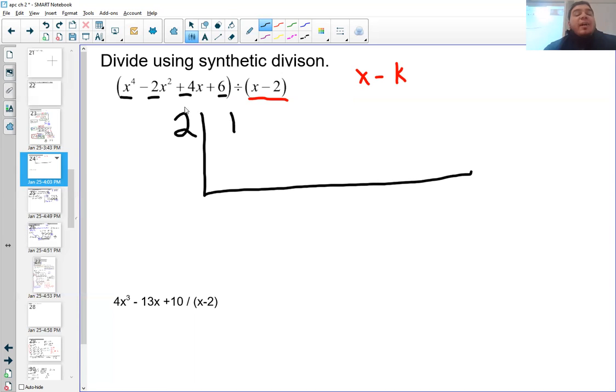Now I need x to the 3rd, but I don't see an x to the 3rd, so 0. And then -2, 4. We need to put each power representative: x to the 4th, x to the 3rd, x to the 2nd, x to the 1st, x to the 0.